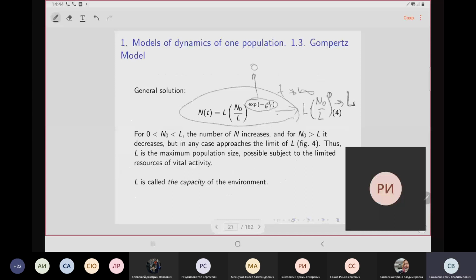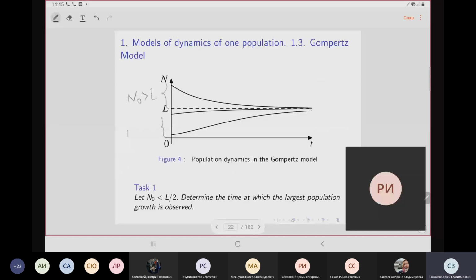So the picture is like this. This is the region when n0 is greater than L, and this is the region when n0 is less than L. So far, the population number is approaching L, and L is called the capacity of the environment.